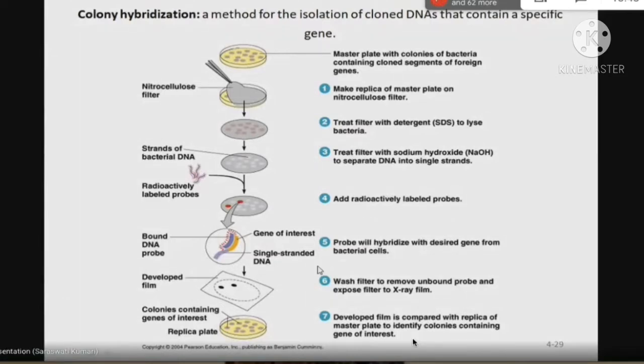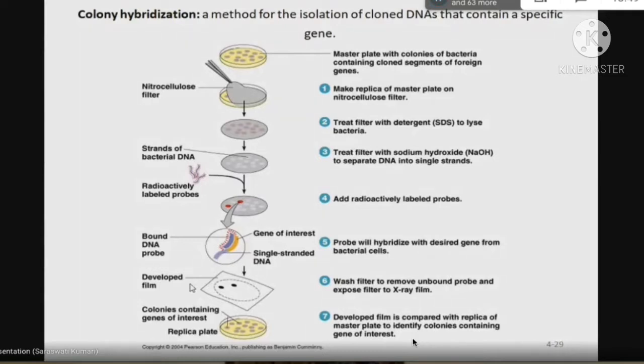Then we allow this probe to hybridize with that membrane. If that probe finds its complementary sequence, then it will remain attached. Otherwise, it will be washed out. Wherever it remains attached, when we add photo film or X-ray film, that corresponding place becomes black.